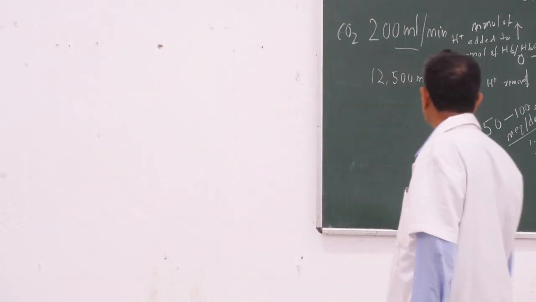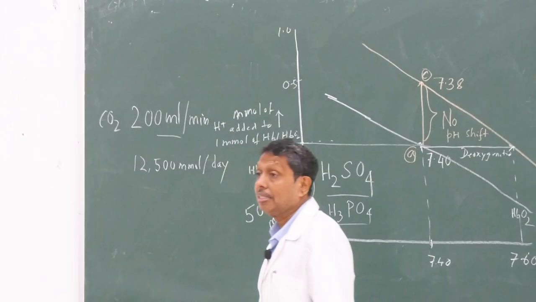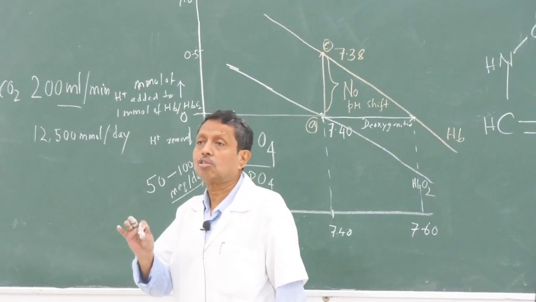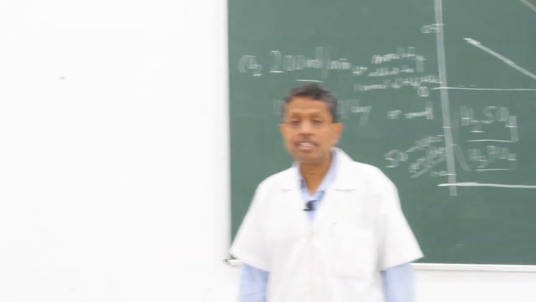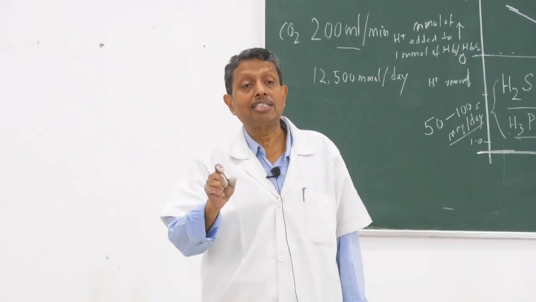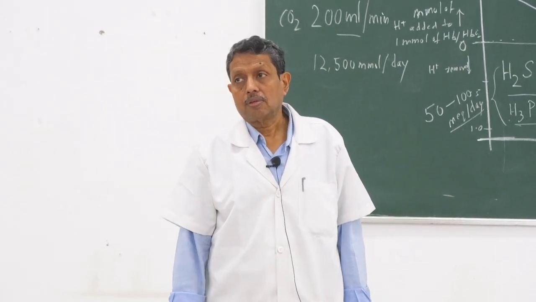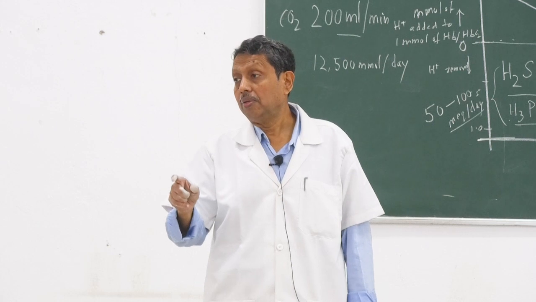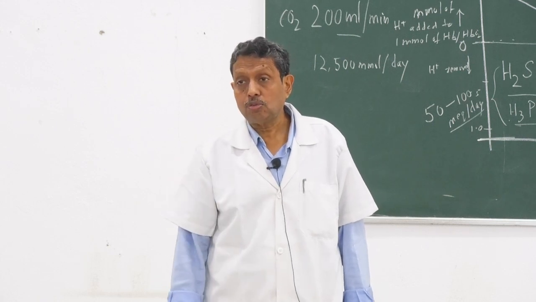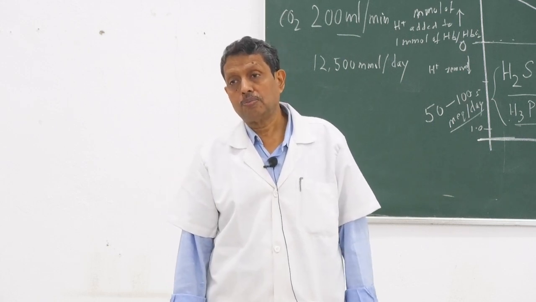Similarly, organic acids are also produced. Whenever there is anaerobiasis, as in severe exercise, lactic acid is produced, or whenever there is severe circulatory failure, oxygen is not supplied to the tissues and lactic acid is produced.